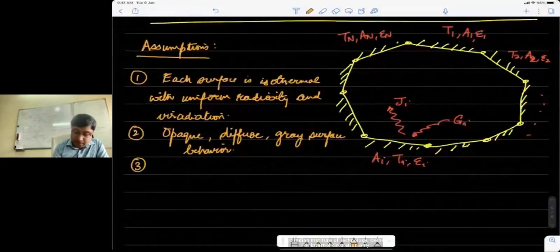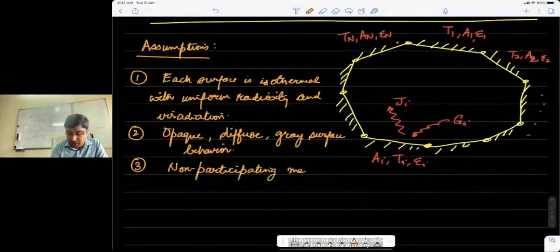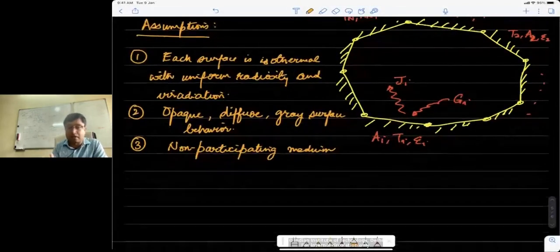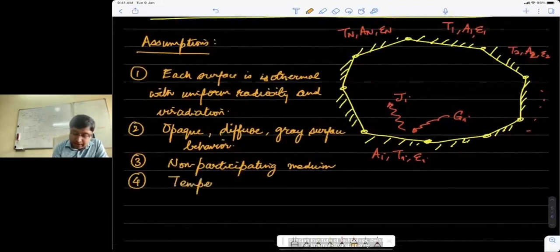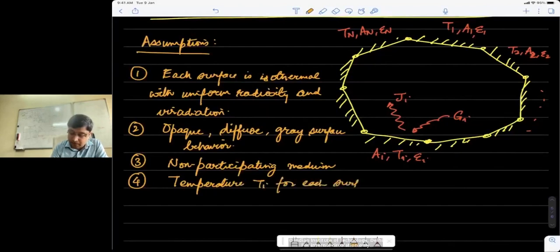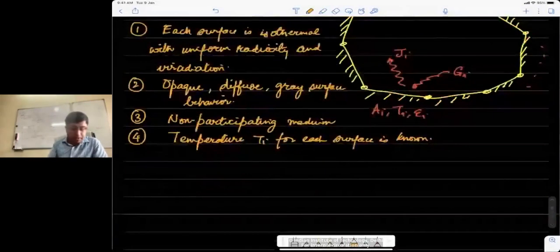The third assumption that we make, as always, is that the medium is non-participating. So the enclosure, whatever is the surroundings in the enclosure, or whatever is the medium, that has no influence on radiation exchange. And for now, let's say the temperature Ti associated with each surface is known.